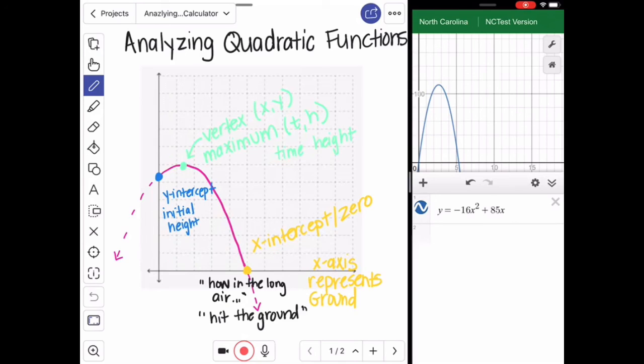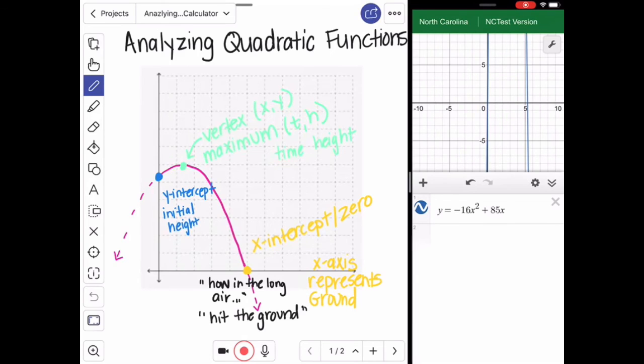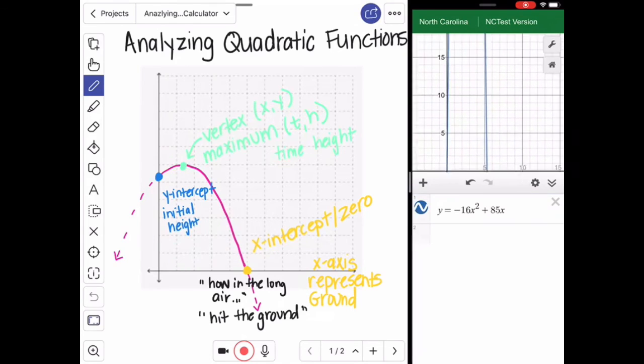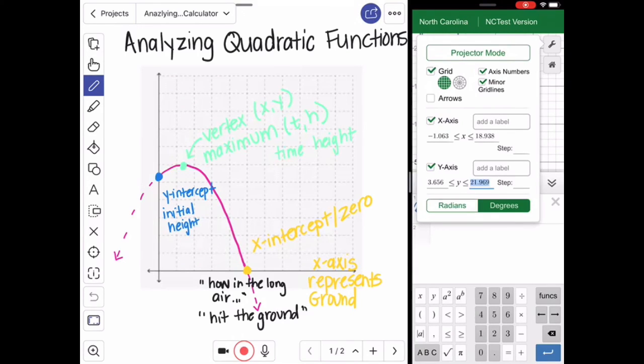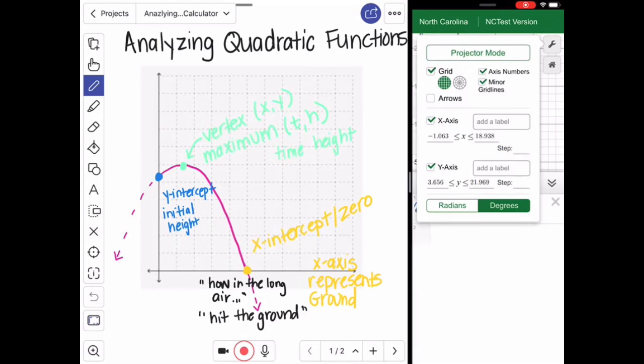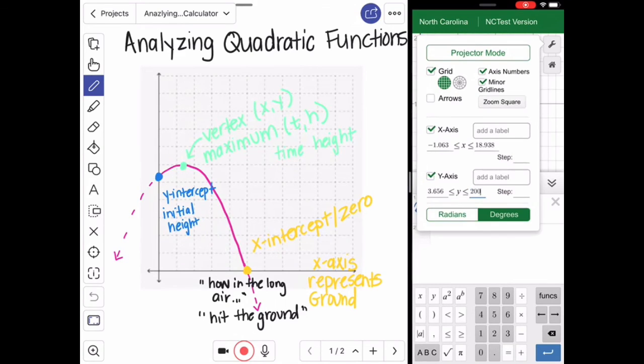We're going to focus on quadrant 1, because those are my positive values in the real world. And when you're doing it in Desmos, you want to make sure you adjust your screen so that you are seeing exactly what you're looking for, whether it be the maximum, the x-intercept, whatever that may be. And you're going to adjust that x and y axis so that it fits nicely and it's easier for you to see.